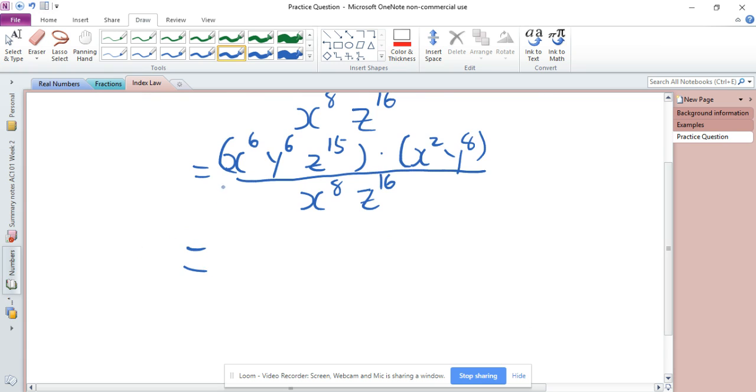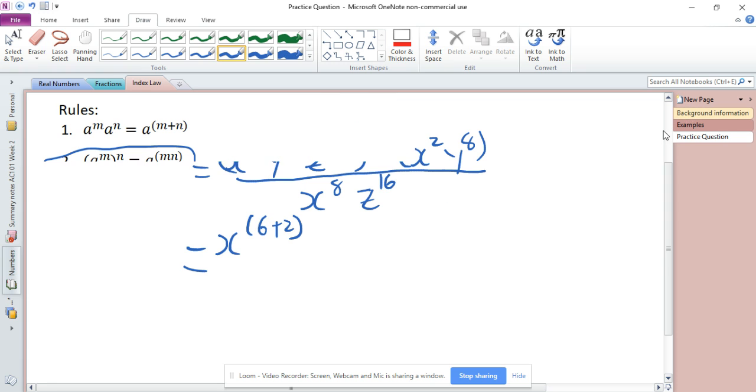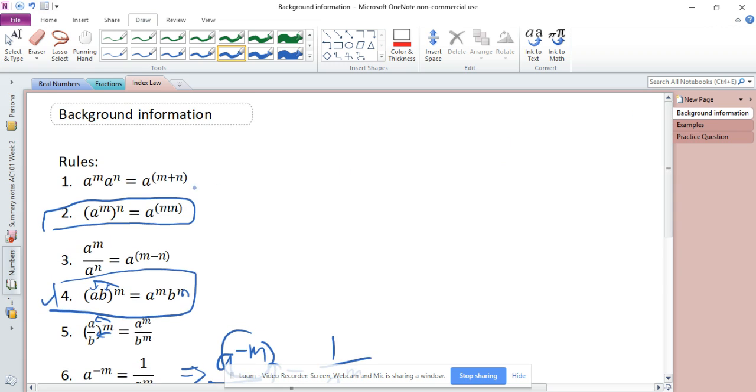So, collect the terms. For x, you have x to the 6 times x to the power 2, so 6 plus 2. Why is that? Because rule number 1 says a^m times a^n, the same base, you just add the powers.